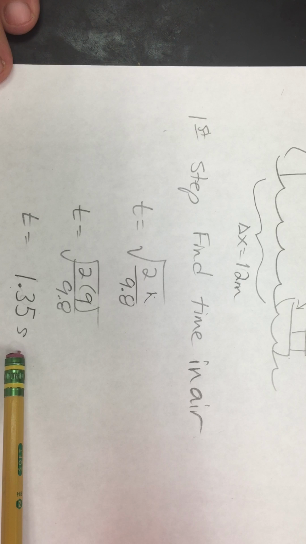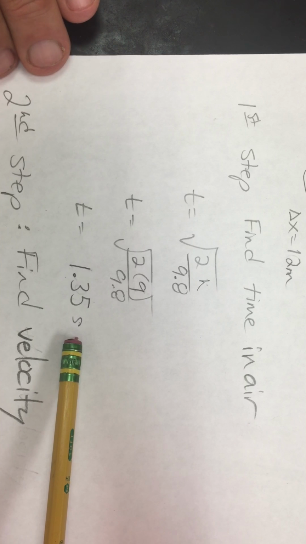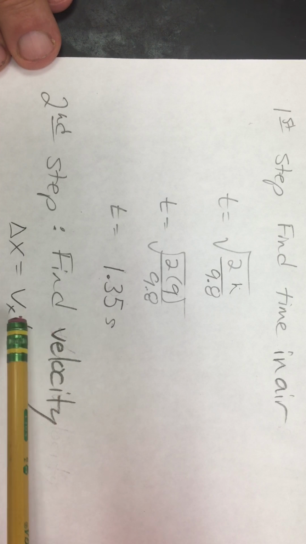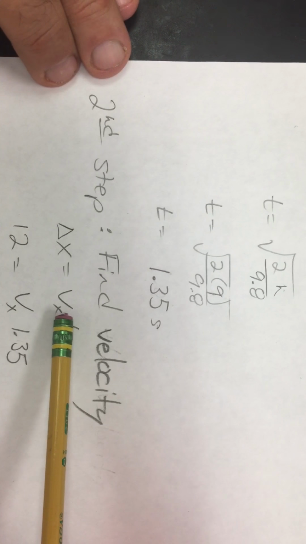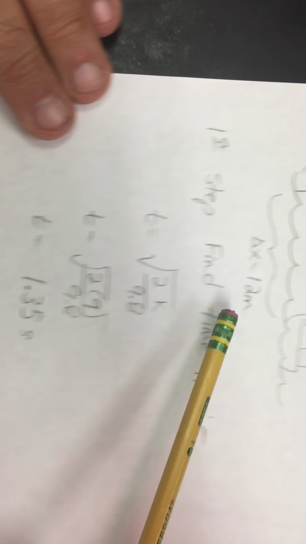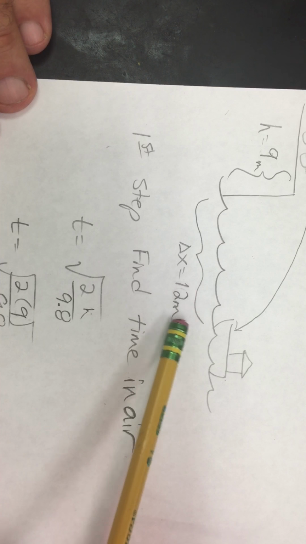The second step then is to find the velocity of the car, and we use the same equation as before. It's just that in this case, we're going to be finding the Vx, how fast it's moving horizontally. So the delta x is the 12 meters that it has to span between the boat and the cliff.